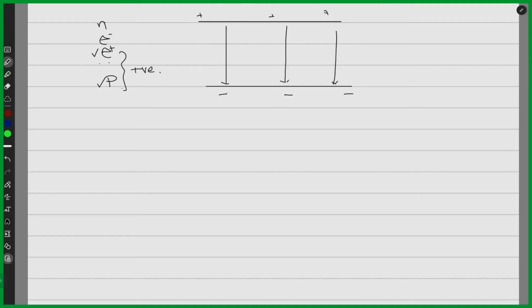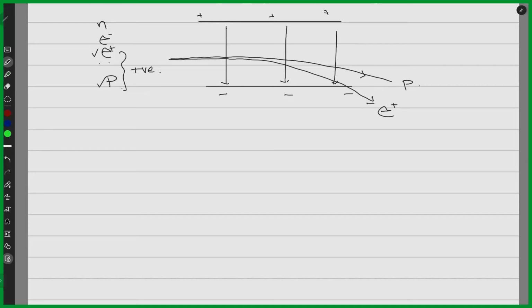So the path that I would draw for the proton will be deflected less compared to the same path for the positron. Let me draw on top of this. Compared to this one, where this is a positron, E plus, and this one is a proton, right?